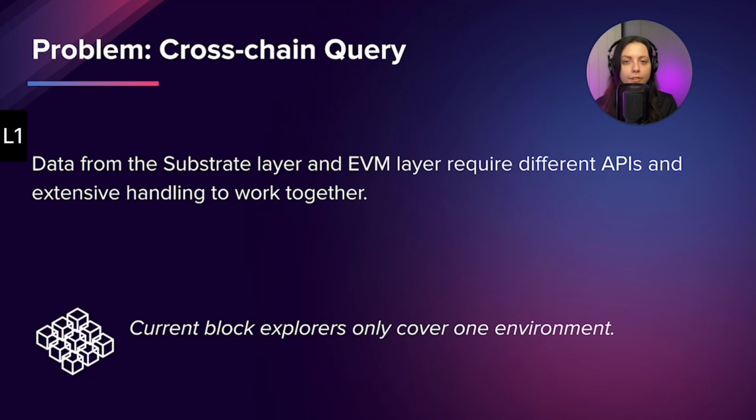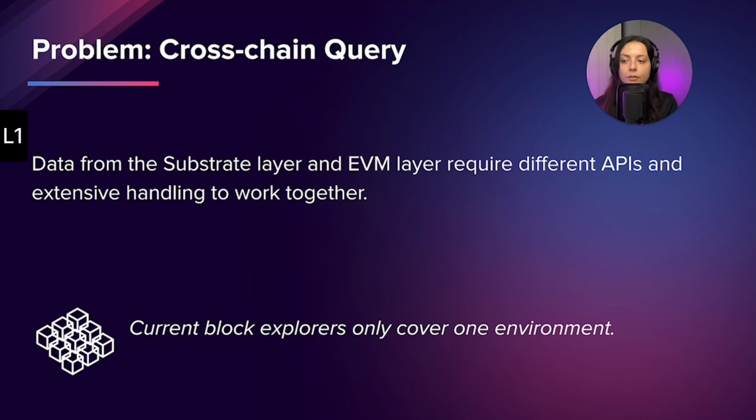The substrate data layer, which is the underlying blockchain, is quite different from EVM and smart contracts that are run on top of it. That's quite hard because as a result, you have different data structures, different ways of handling it, and it's really not that easy to combine those two. What would be very helpful is having all this information in one place.